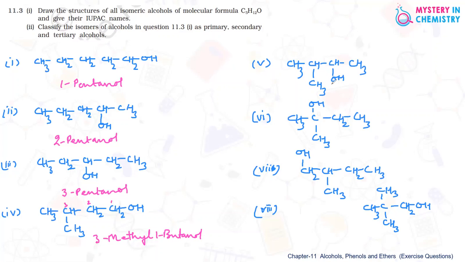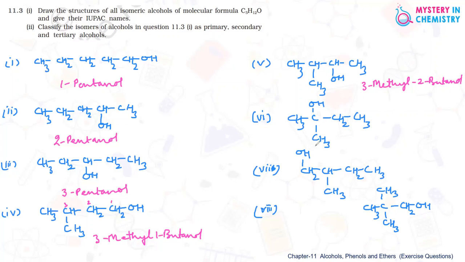And now come to this fifth one. This is again 1, 2, 3, 4. So you can write 3-methyl-2-butanol. OL should be clear.